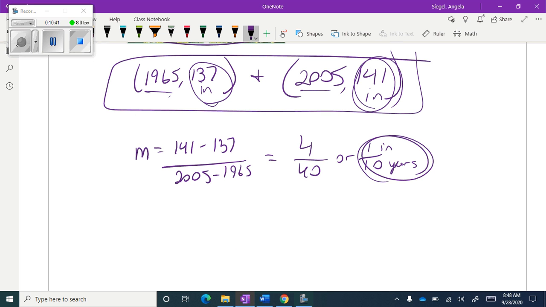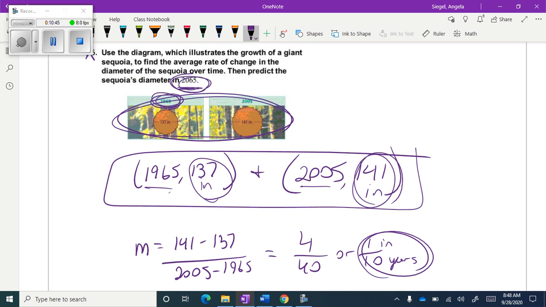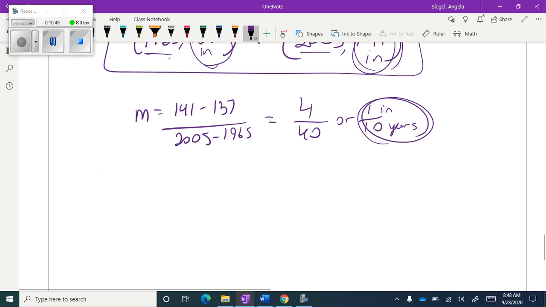So we have 1 inch in 10 years. So if we're going to go up here and in 100 years from 1965 to 2065, if it's 1 inch every 10 years, how many inches in 100 years?